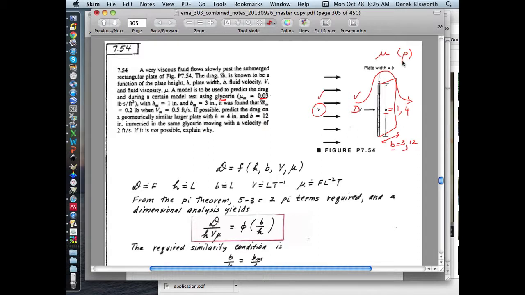The other way that you can create drag is by having a velocity coming in with a high density fluid that gets killed at this impact point, and therefore you get a pressure change at the stagnation point, which is what's pushing it downstream. So the two mechanisms by which you can get drag or lift on something, drag in this case, would be by viscous resistance or by killing a velocity, and the two properties by which they act would be pressure, killing velocity, or by viscous drag.